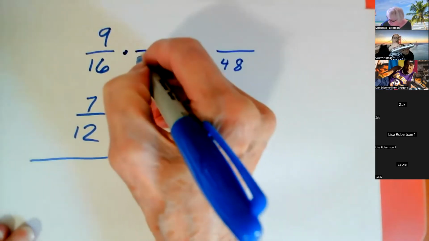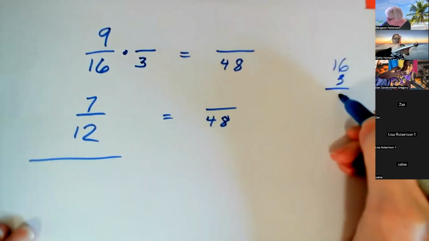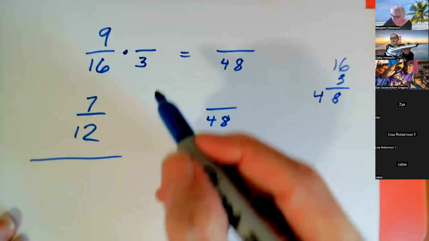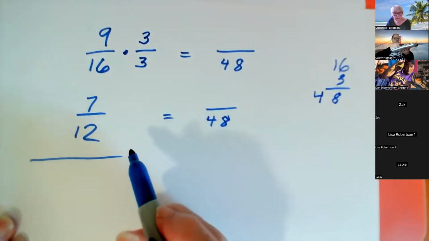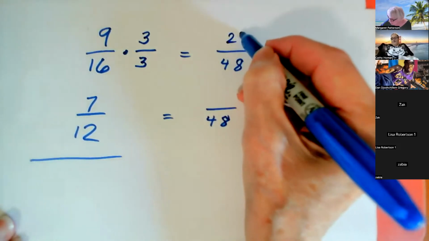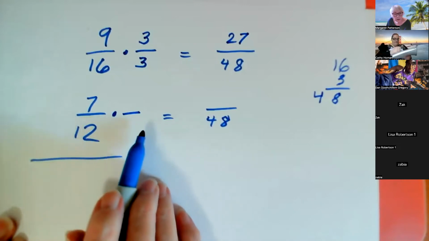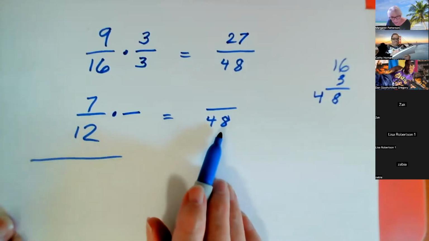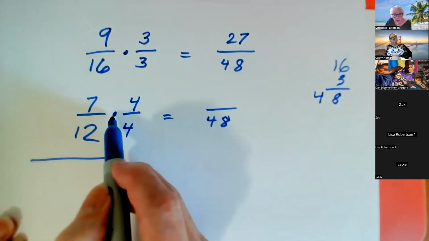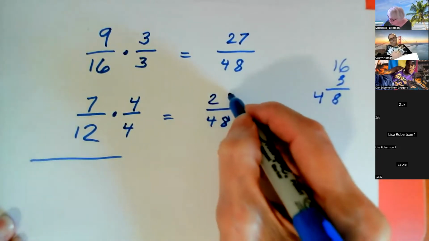It's actually 3. 16 times 3 is 48, and 9 times 3 is 27. This might be easier: 12 times what is 48? 4. So 7, notice I put the dot there so I don't forget to multiply, 7 times 4 is 28.